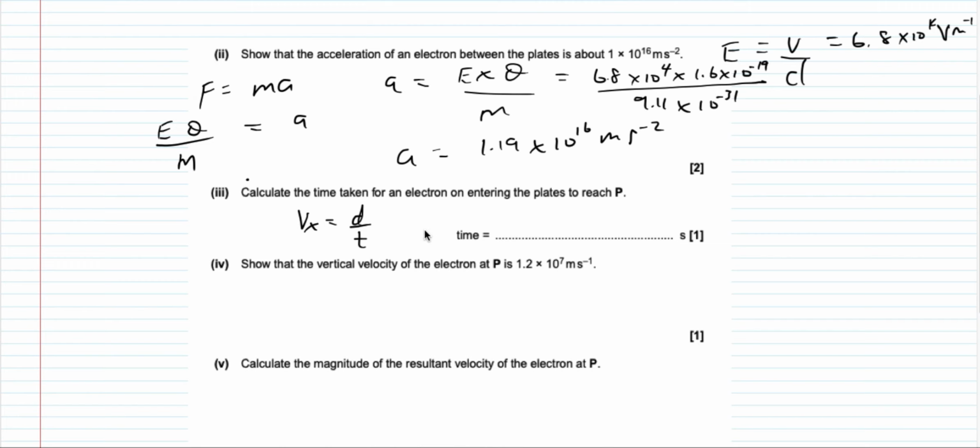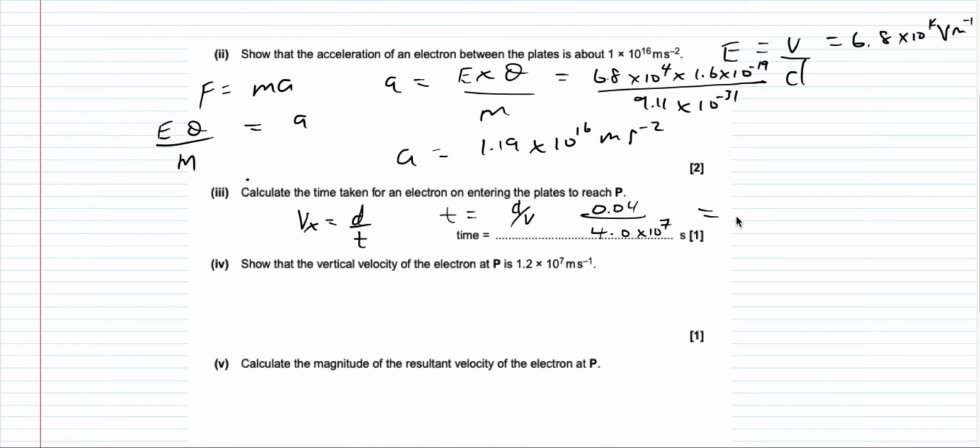We know what the speed is based on the question. We're trying to find the time, so time is going to equal distance over the speed, or the velocity. In this case, distance is 0.04. The velocity is given to us in the question as 4.0 times 10 to the power of 7.